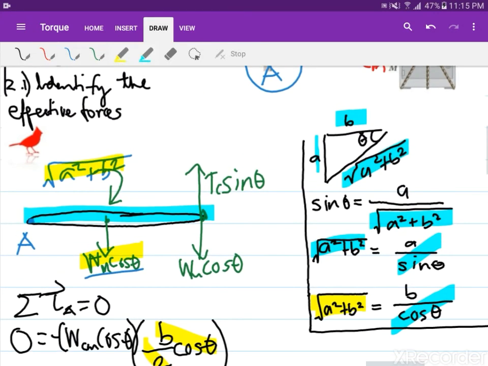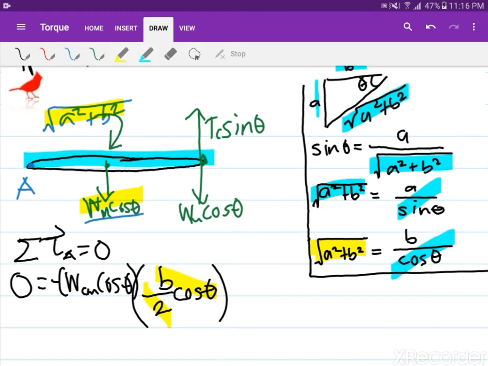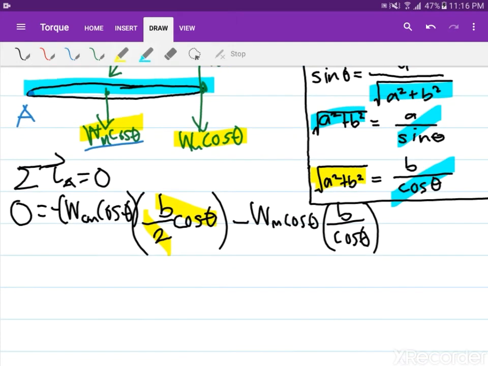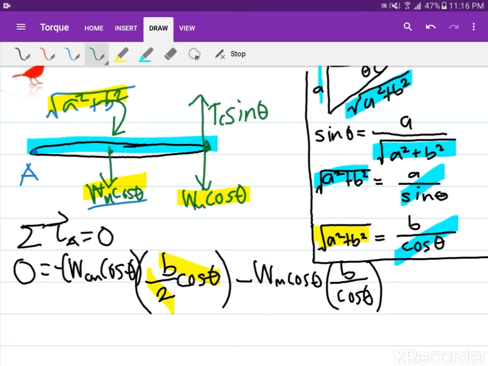Okay, next we have this force. It will also have a negative torque. So this is W sub M cosine theta times the moment arm of B over cosine theta, since it has the full length. And then lastly, we have this torque rotating in this direction.